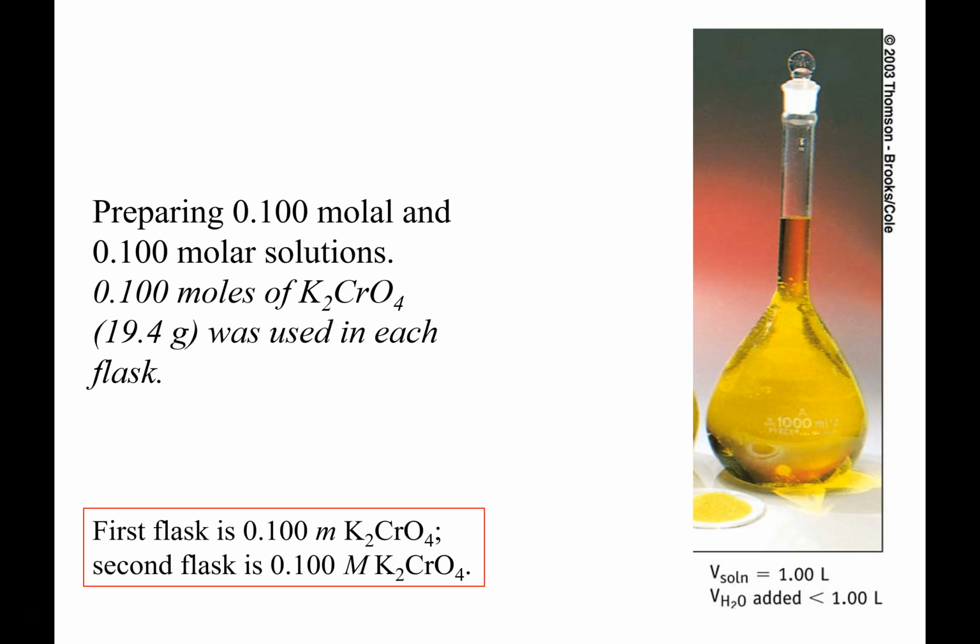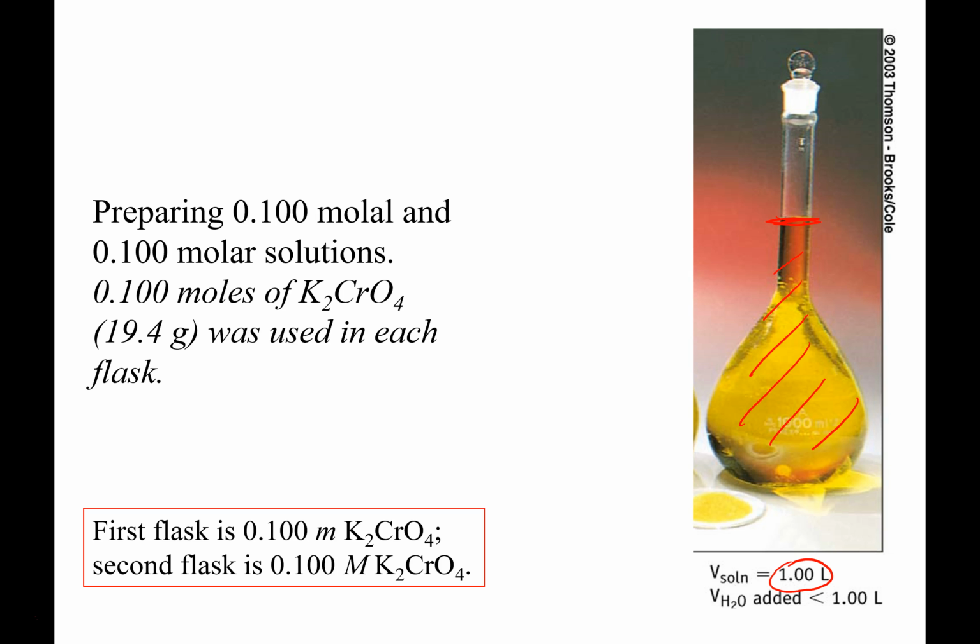Molarity and molality, I try not to get mixed up as I'm up here talking about them. But we have two solutions. This is potassium chromate. In this case, this is called a volumetric flask. The way volumetric flasks work is there's a red line up here, you probably can't see it, and the solution volume is 1 liter.